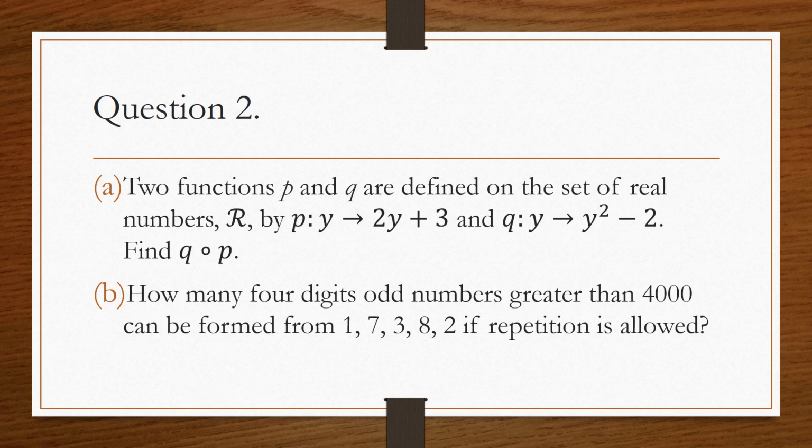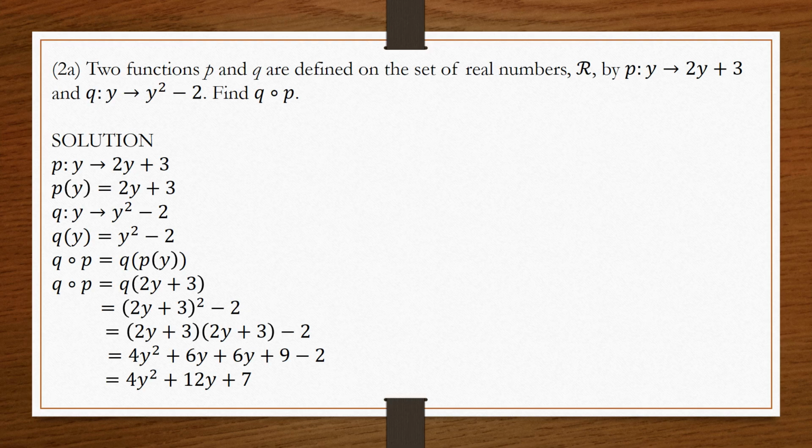Listen attentively, okay? We start with 2a for number 2, and we have two functions, function p and function q. So for p of y, that is my function p, is 2y plus 3.